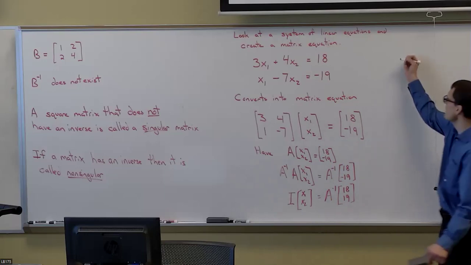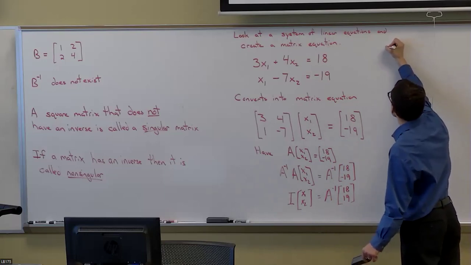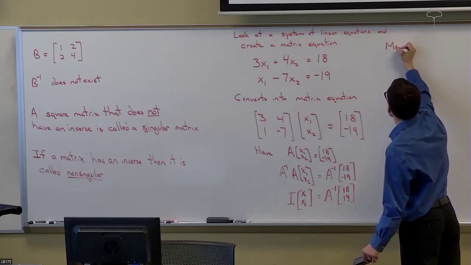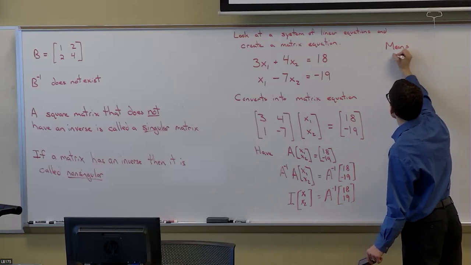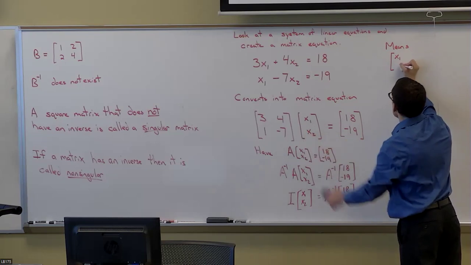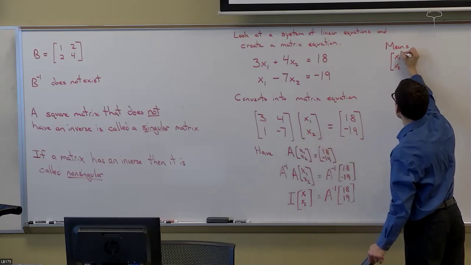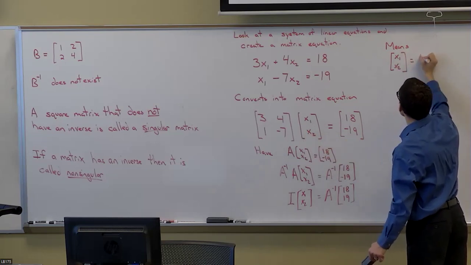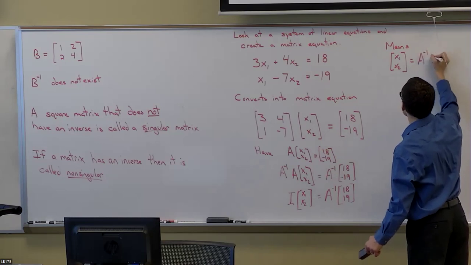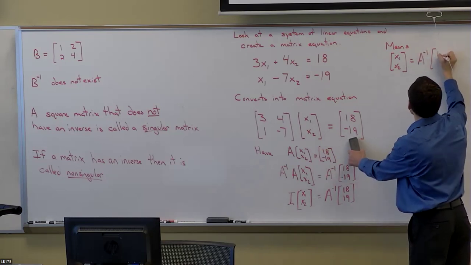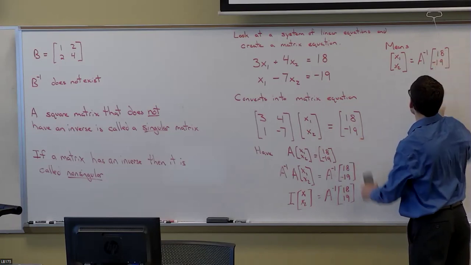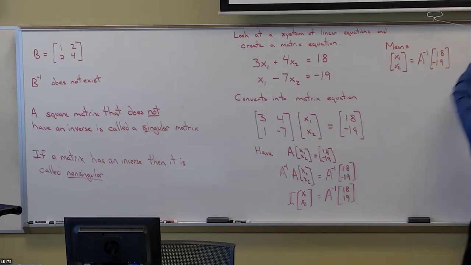So what's that mean? It means that I can solve this matrix equation by simply taking A inverse times 18, 19, -19, excuse me. Everybody see why that is?